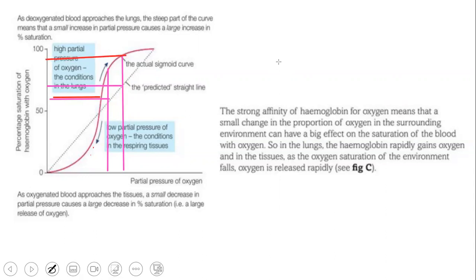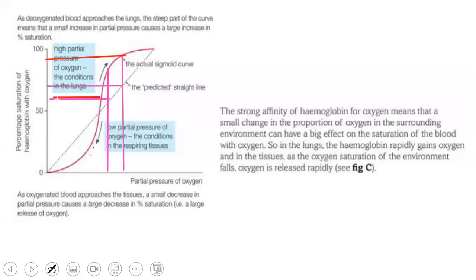So what you can observe over here is that when we are following the linear relationship, even a small increase in partial pressure gives a small difference, but if you look at the sigmoid curve, you are getting a much larger difference. When you look at the straight line graph, the difference is much less.